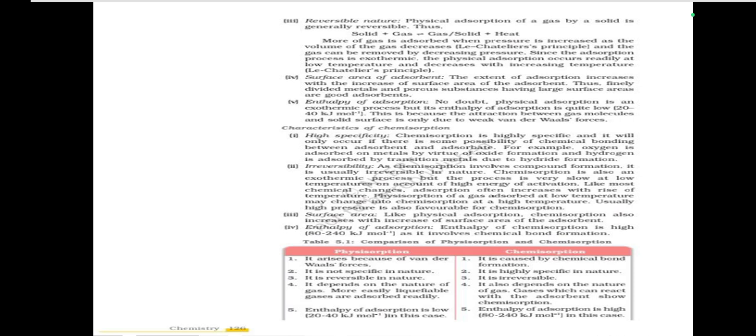Chemisorption: it is caused by chemical bond formation. It is highly specific in nature. It is irreversible. It also depends on the nature of gas; gases which can react with the adsorbent show chemisorption. Enthalpy of adsorption is high, 80 to 240 kJ per mole in this case.